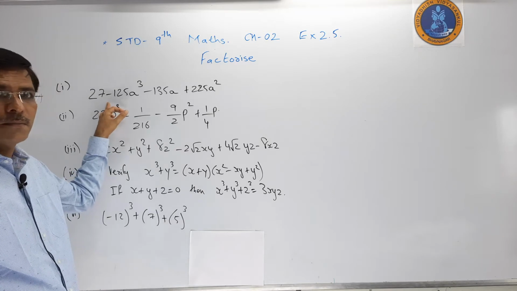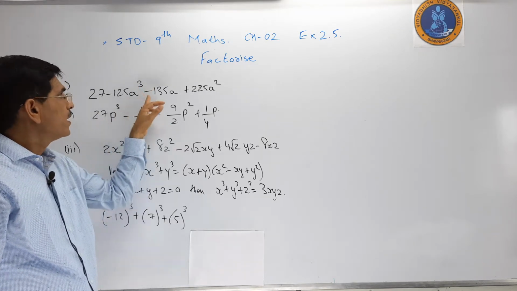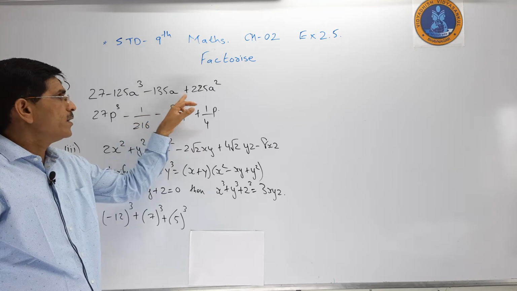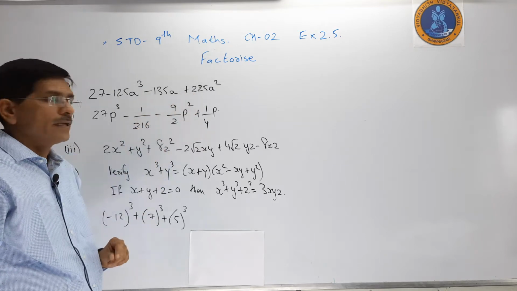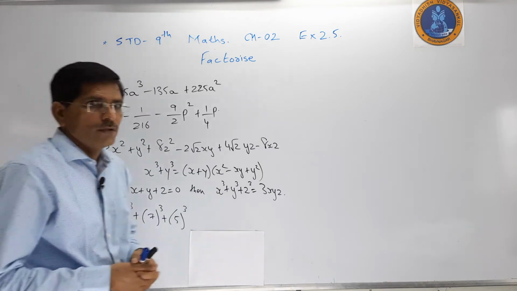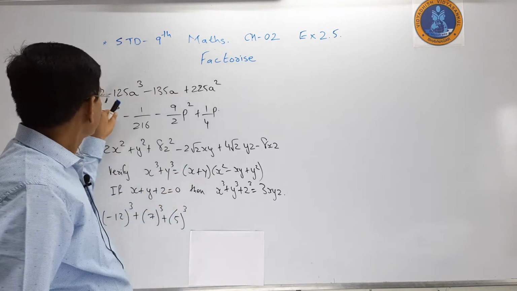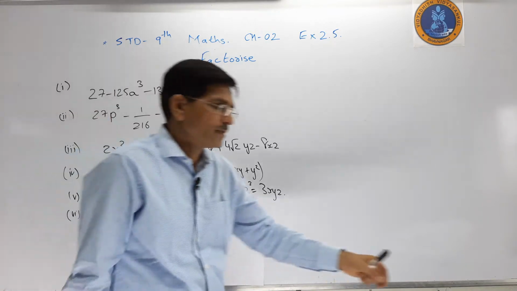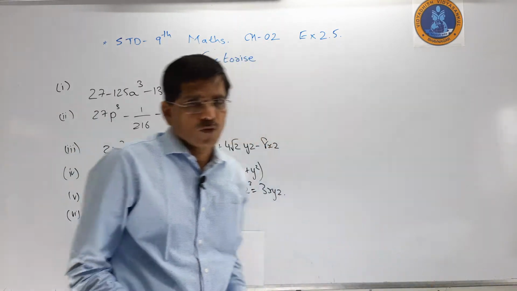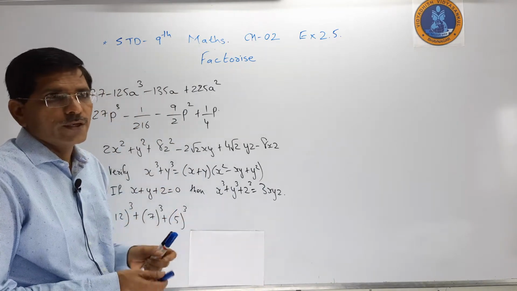27 minus 125a cube minus 135a plus 225a square. First of all, I have to find out which terms are cubes. Here 27 is a cube, and 125 is also a cube.